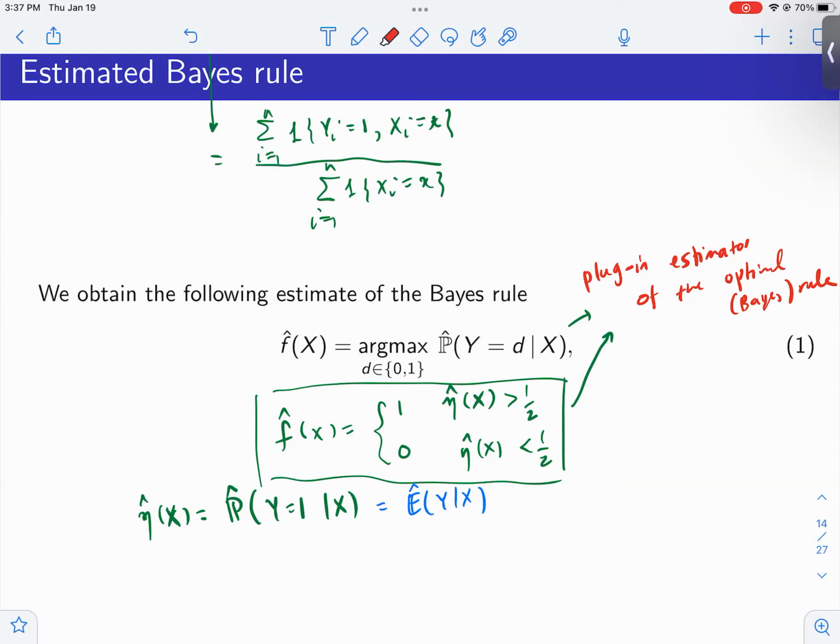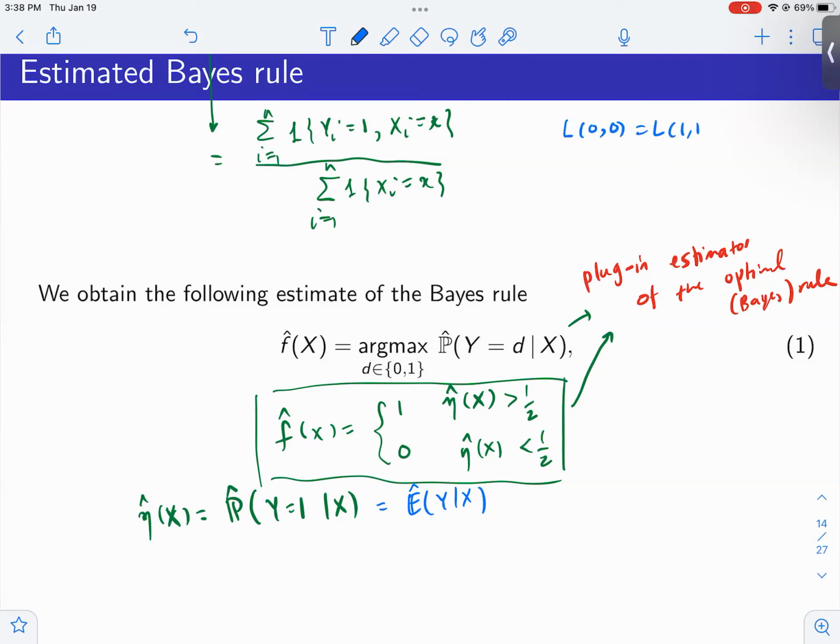If you change your loss function, so this was the optimal rule for the 0-1 loss, if you remember, which led to the risk being the misclassification rate. If you change your loss, I might assign it as a homework problem. I don't recall if I talked about it or not, but I think we talked about it.